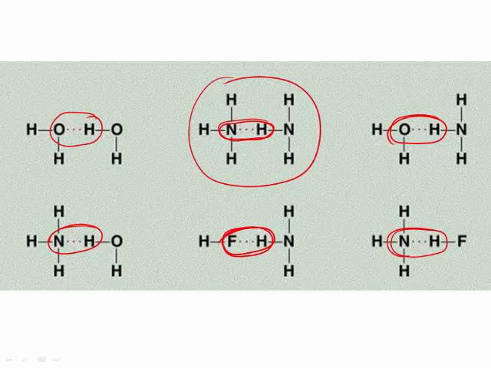Hydrogen bonding gives some very, very unique properties, which will get discussed in class. Because of that hydrogen bonding, we have higher boiling points. It takes a while for it to boil.